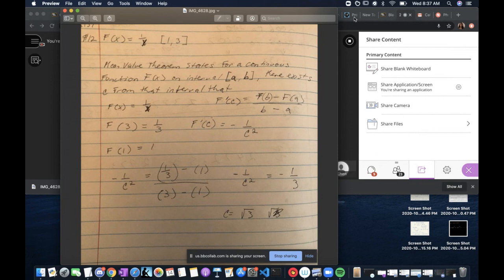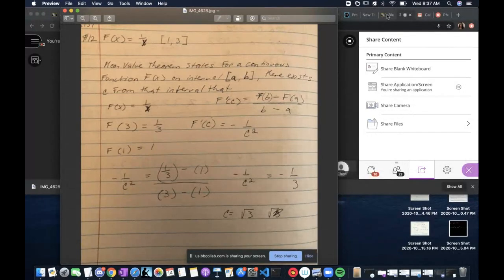I got 9. I took the square root from the 9, not from 6.